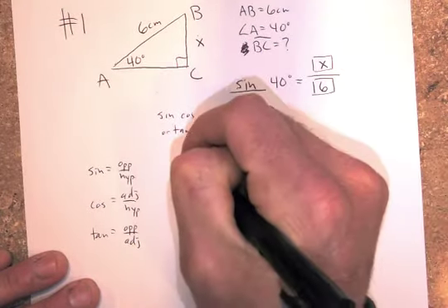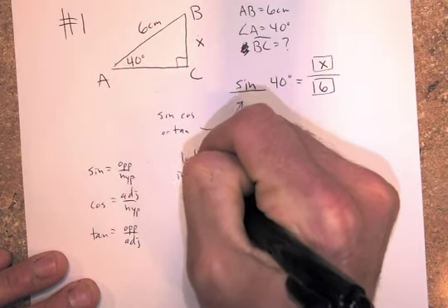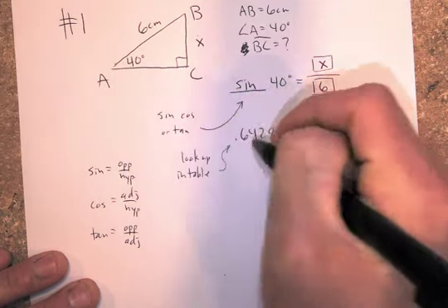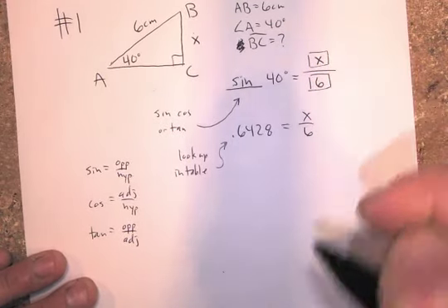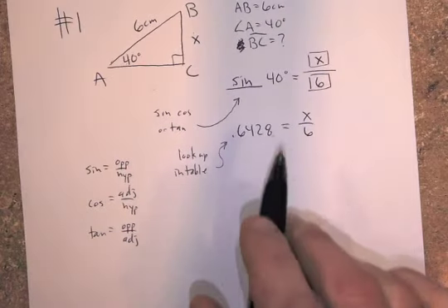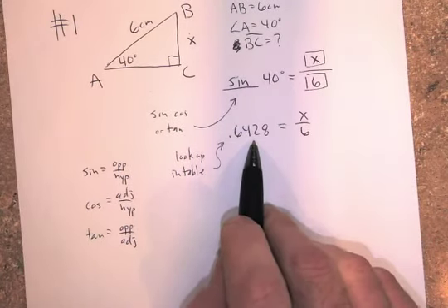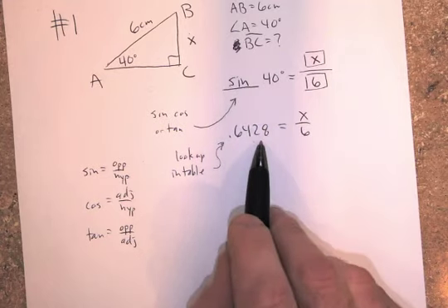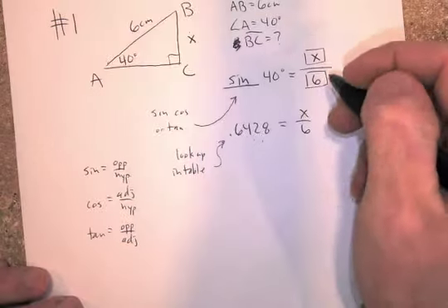I just looked it up in a table. So 0.6428 equals x over 6. I just looked this ratio up in a table, and this whole thing turns into this decimal. Now we're using a calculator.